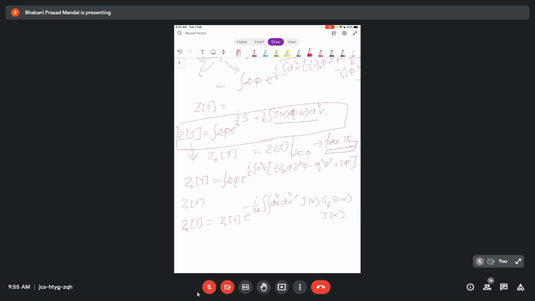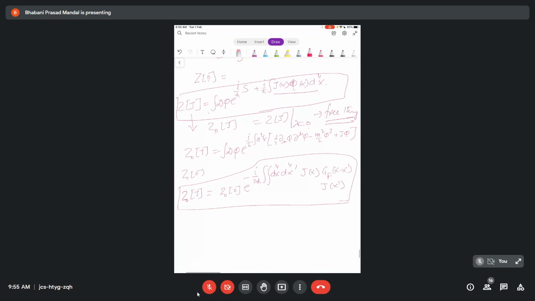I'll prove this in the next class. This is a very important result. What is this GF? This GF is our old friend, the Green's function or the propagator, the Feynman propagator. So this expression can be written in terms of this. It will take some time. I thought we'd be able to do it, but we don't have time.